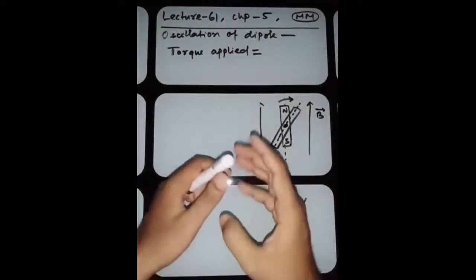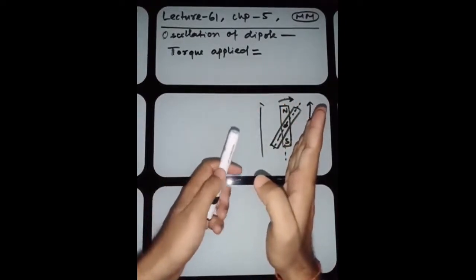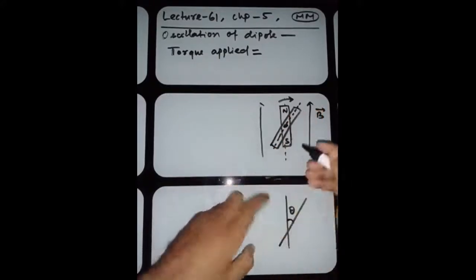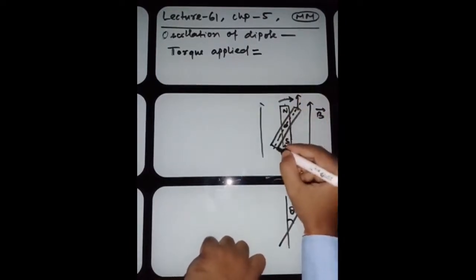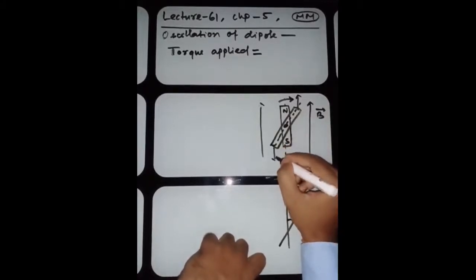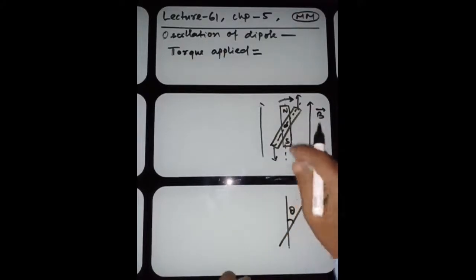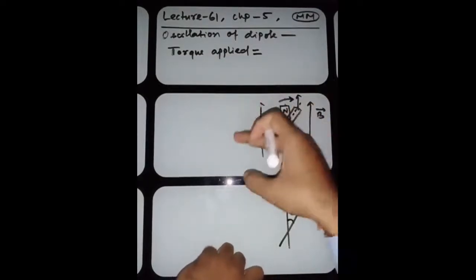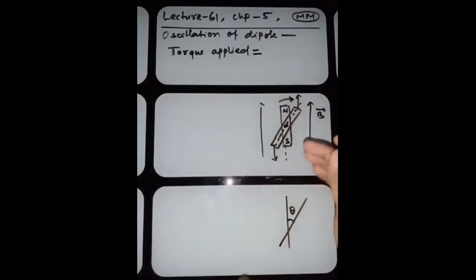The torque that we apply will be countered by the torque due to the magnetic force. A magnetic force is acting upward from this north pole, which always tries to move along the magnetic field, and on the south pole in this direction. Am I right? Yes. Now this particular force provides the counter torque and it goes to its initial position and tries to regain its original position.